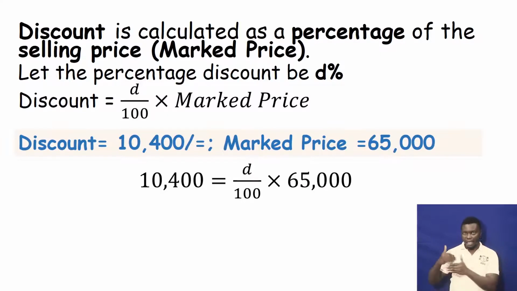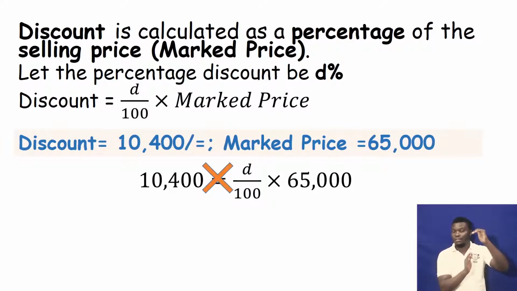After that, we need to cross multiply. Cross multiply meaning that the denominator on the right is going to be multiplied by the numerator on the left of the equal sign. And then the numerator on the right is going to be multiplied by the denominator on the left of the equal sign.